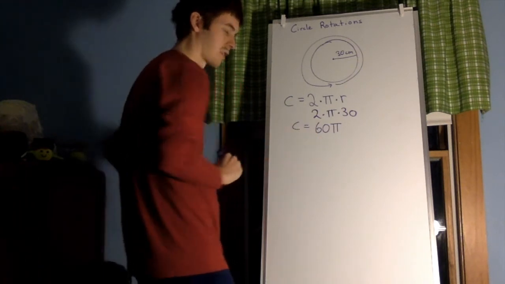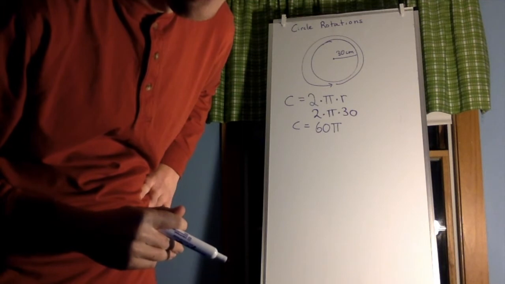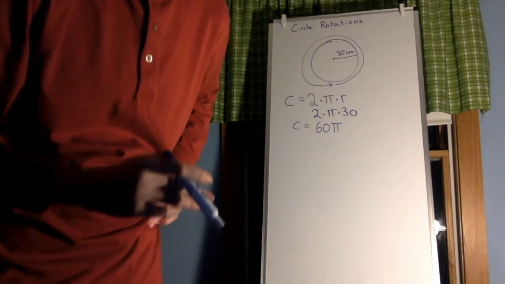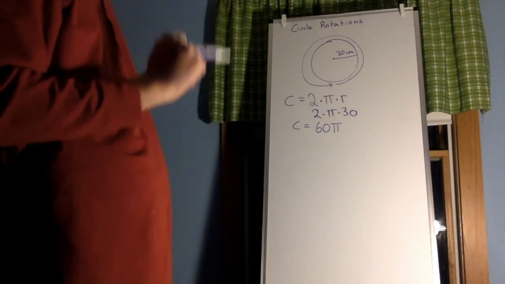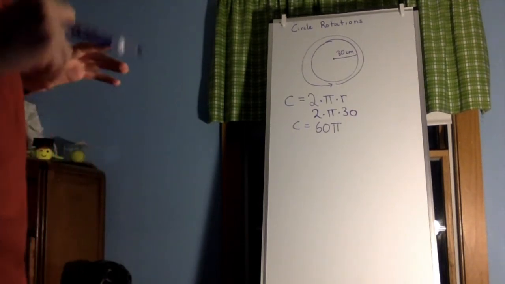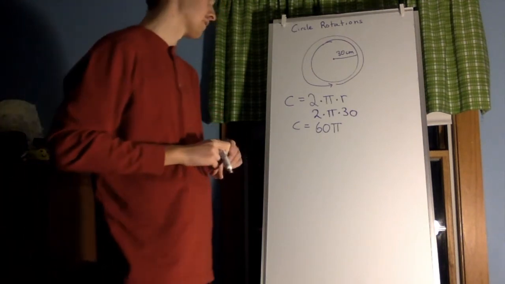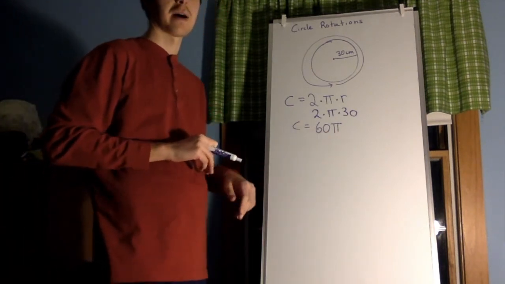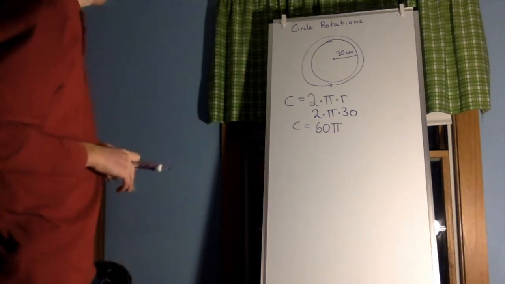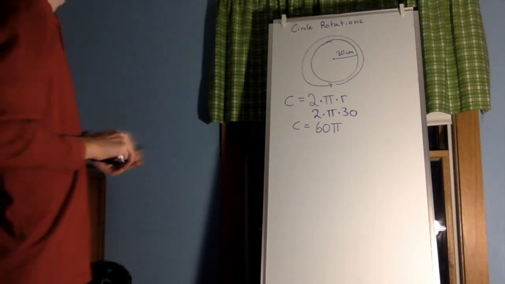That's our circumference. Now, our question does ask for us to round our answer to the nearest full centimeter. But for right now, while I'm doing all these calculations, it's going to be easier to leave things in terms of pi and then round at the very end of the question.